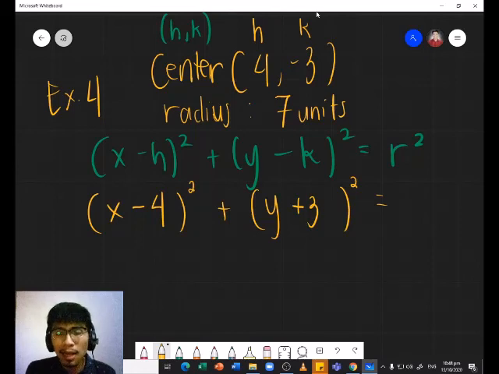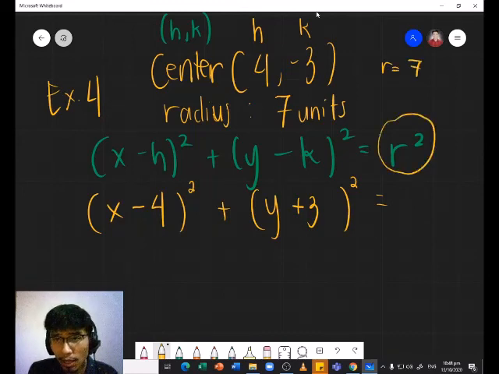Okay, so now let's find the radius. My r here is only 7. What I am trying to find here is r squared. So what we are going to do is simply square both sides. It becomes r squared is equal to 49. So your r squared now here is 49.